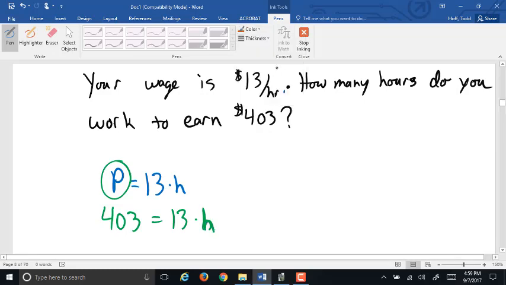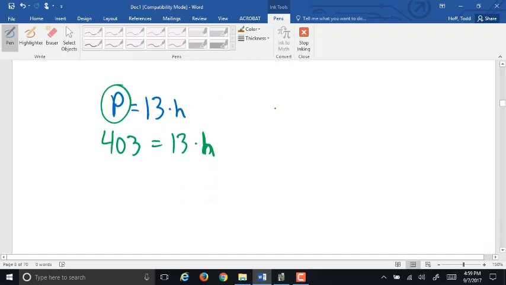Then what do we do? To find the number of hours, we would divide by 13. So that's 403 divided by 13. Is that 31?